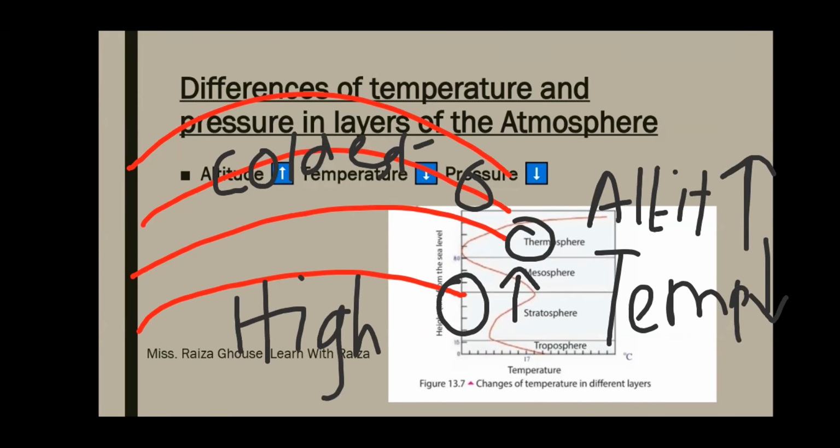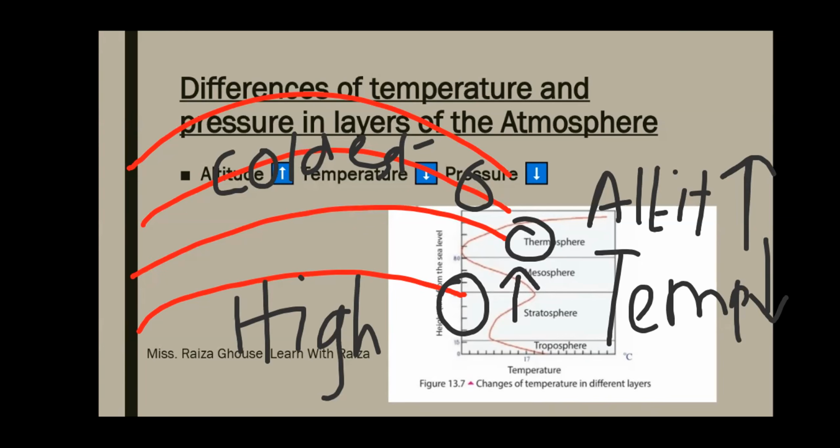And temperature increases in the stratosphere when you go up. The reason for this is the ozone layer is present. The ozone layer absorbs the ultraviolet rays. So when the ozone layer absorbs those harmful ultraviolet rays, the stratosphere gets heated and temperature increases.